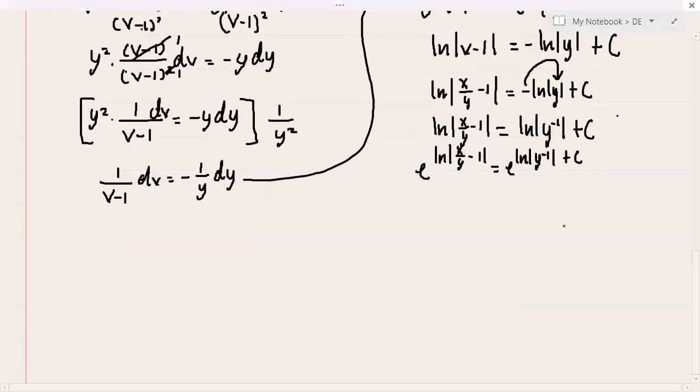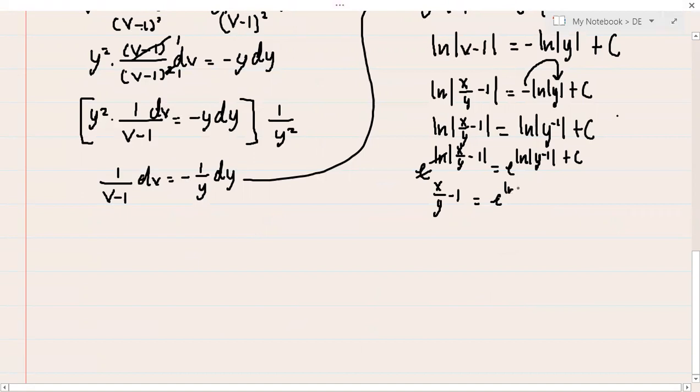Now, we can further cancel. Sa left side lang. Pwede tayo mag-cancel. Itong si e tsaka si ln, we can cancel it out. So, we will have x all over y minus 1. Then, on the right side, ipaghiwalay muna natin si ln at tsaka si e. So, magiging e raised to ln of y raised to negative 1 times e raised to c.